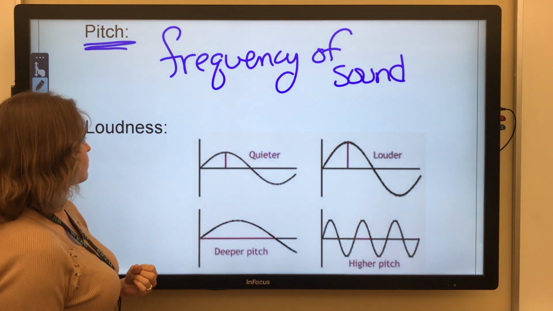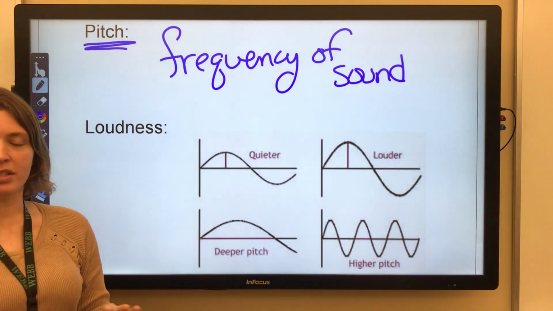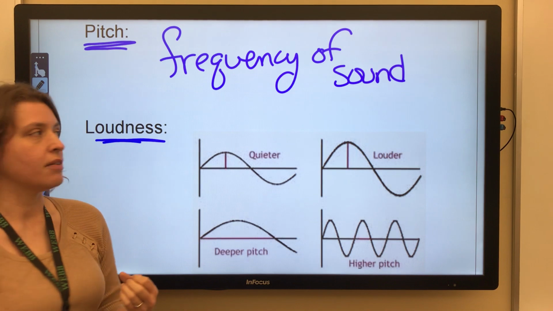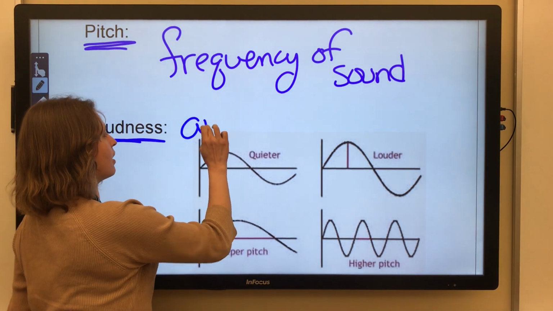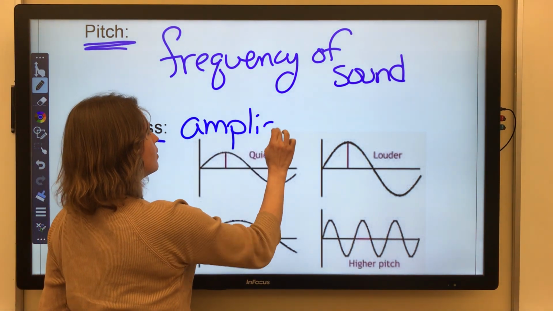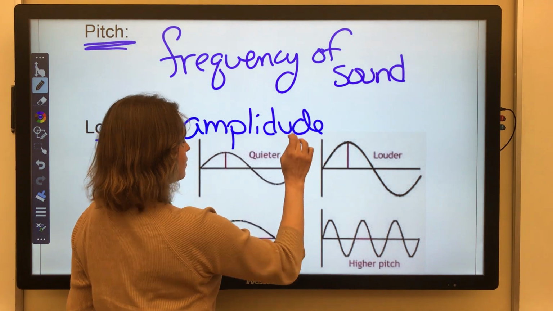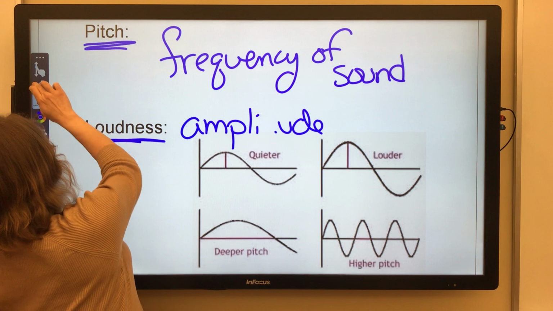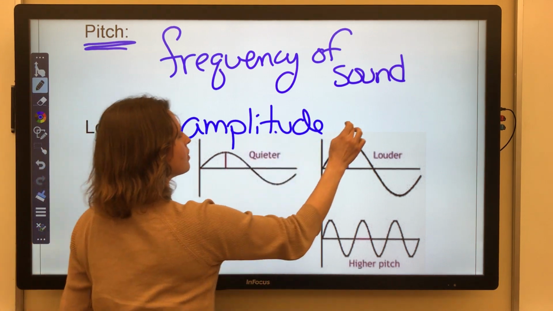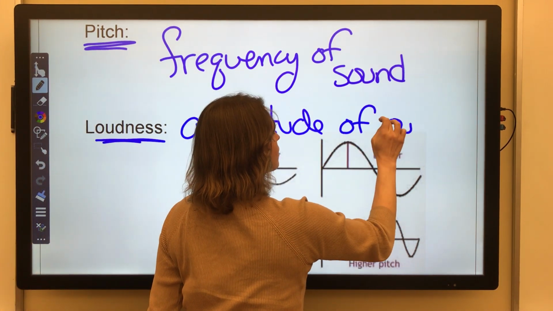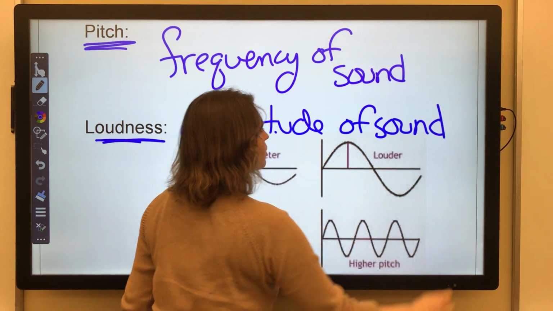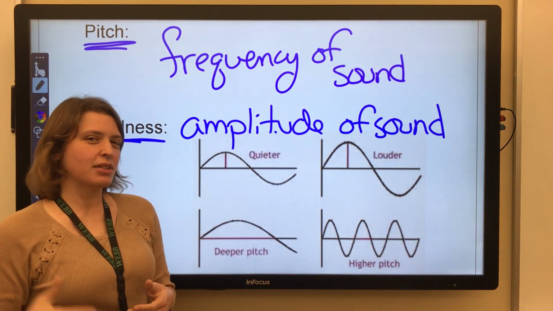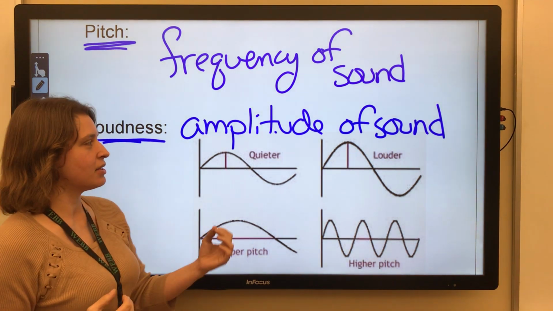Loudness is something completely different. Loudness is how we perceive the amplitude of sound. We don't necessarily talk about loudness of an ocean wave or loudness of light, but we do talk about loudness of sound.